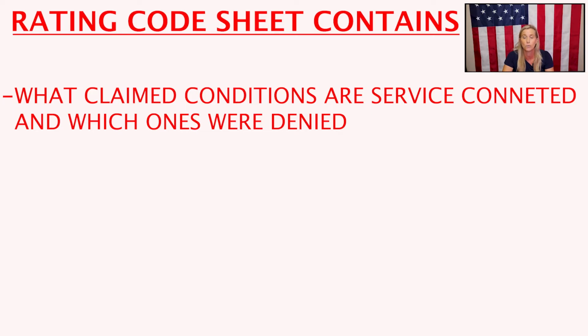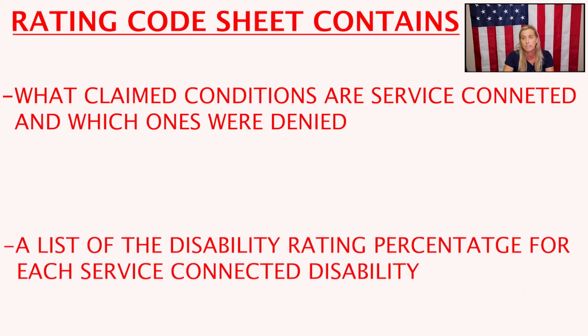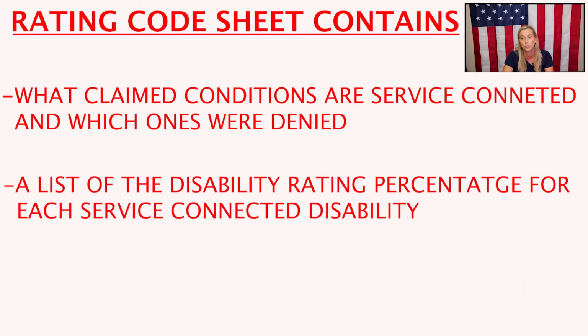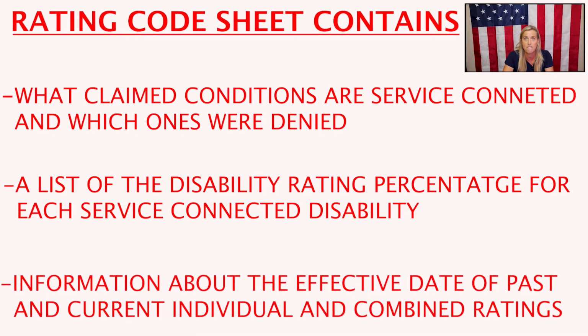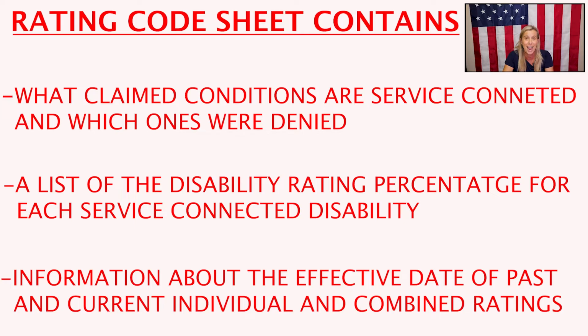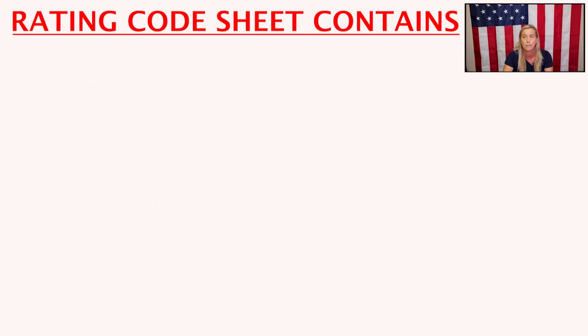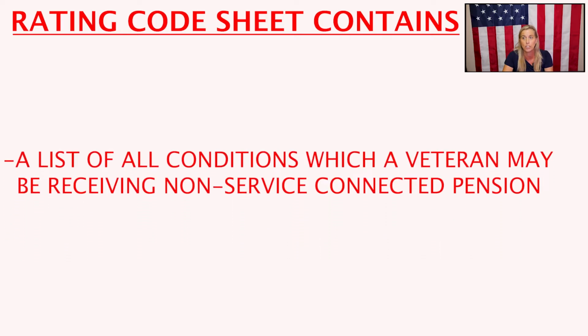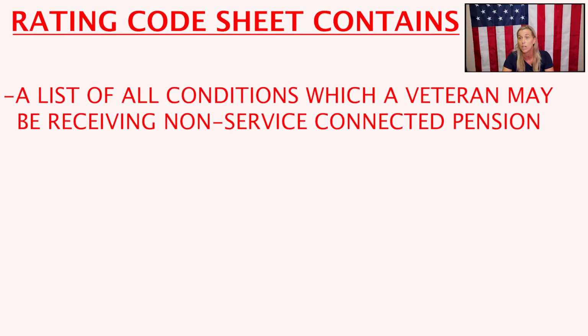The rating code sheet will list the name of every medical condition that is service-connected. A list of disability rating percentage for each service-connected condition. Information about the effective date of both past and current individual and combined ratings. A list of all conditions for which a veteran may be receiving non-service connected pension and the associated rating for each of those conditions.